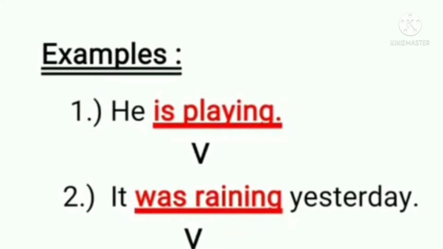Look at these examples. He is playing. It was raining yesterday. In the first sentence, is playing is the verb. A simple sentence consists of a subject and a verb. So is playing specifies the action done by the subject. In the second sentence, it was raining yesterday. Here, was raining is the verb.